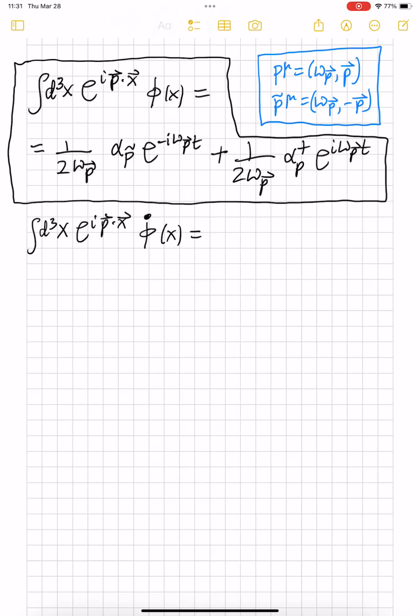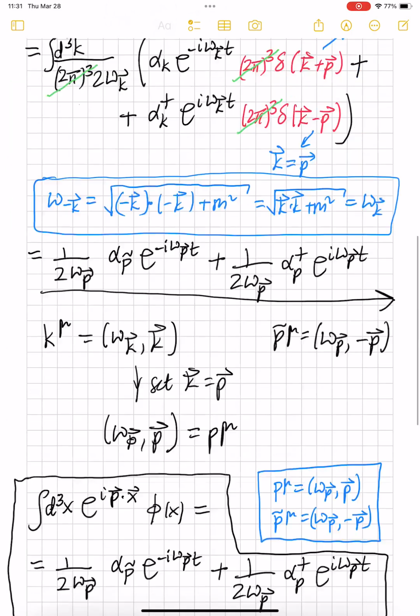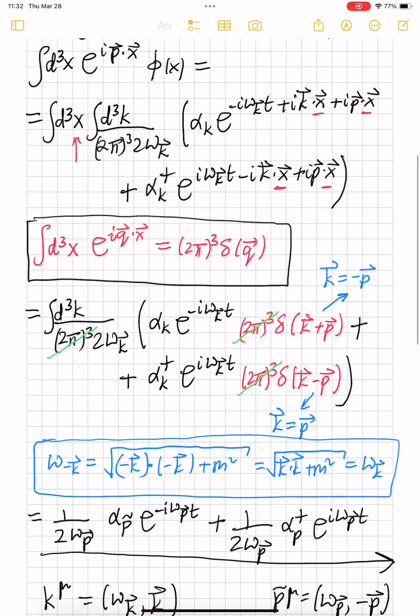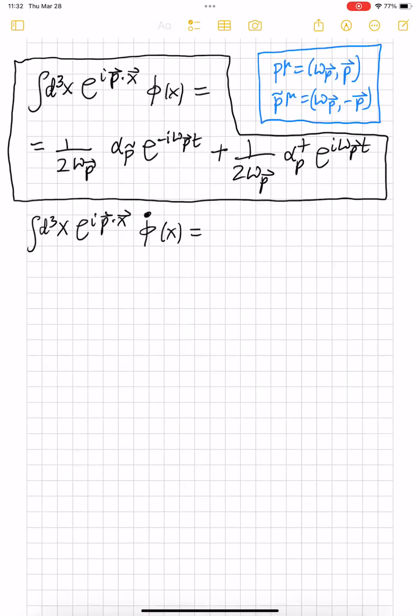So let me just remind you, you could go back to this expression over here, and you could carry out a very similar analysis to what we've carried out so far. But a much easier thing to do is just to differentiate with respect to t the formula that we've obtained. So if we do that, differentiating the first term, the time derivative will bring down minus I omega.